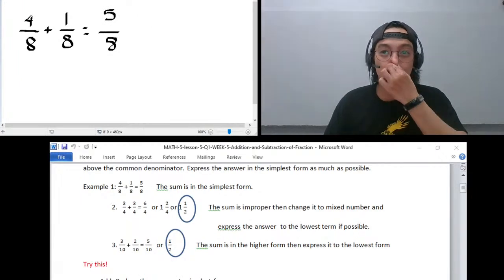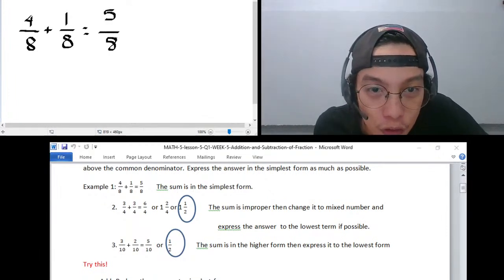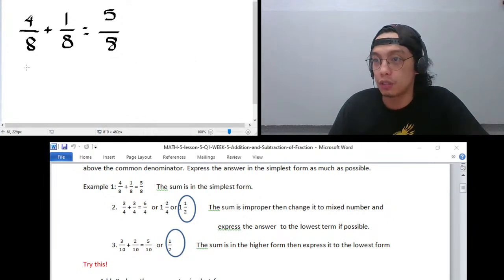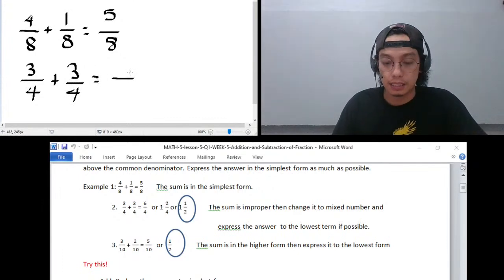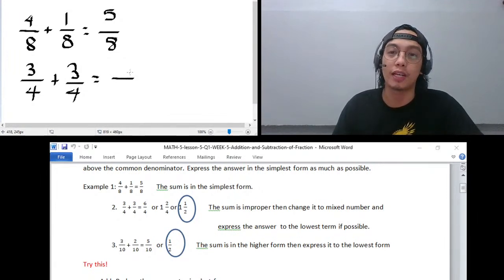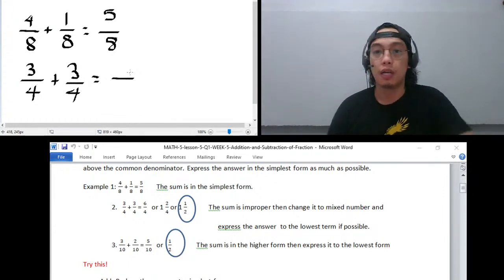Now let's go to the second example: 3 over 4 plus 3 over 4. First, check if it is a similar fraction. Since it is a similar fraction, it is easy. The denominator is the same, so we just copy the denominator, which is 4.